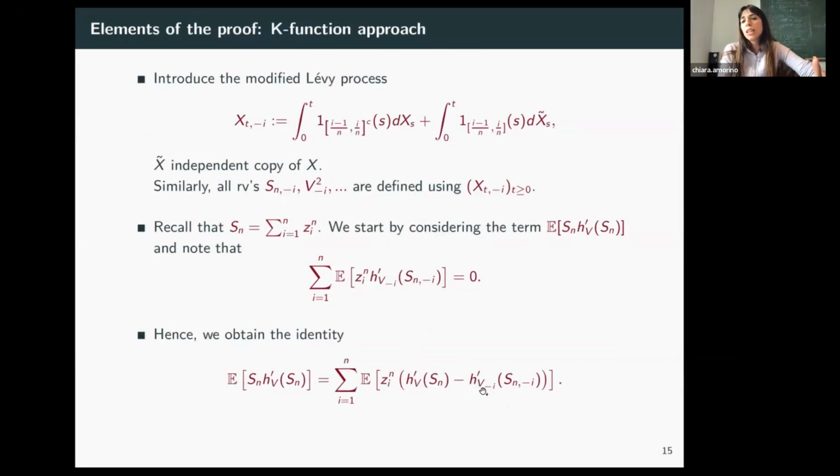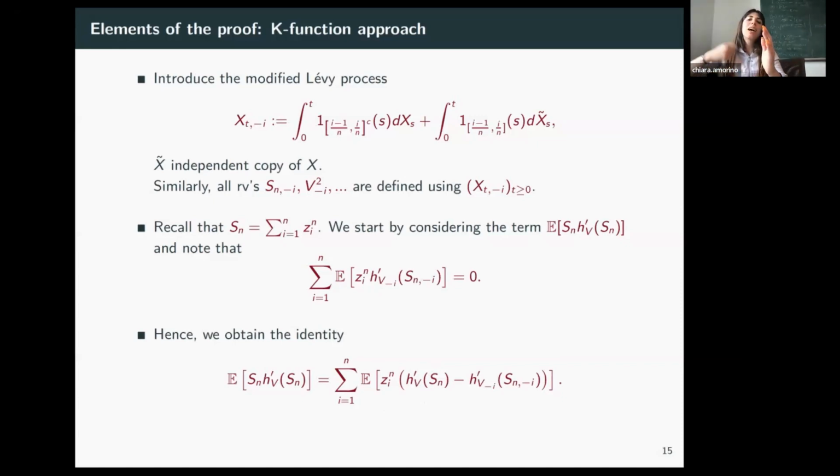And so now the idea is to use, well, you have h first in one point and then h first in another point. Well, the idea is to use a Taylor approximation. And so if you have a Taylor approximation, you are going to get a second derivative in more or less v. Of course, the technicalities are going to be a lot because then you have to be able to move from v to v minus i, from s to s minus i.